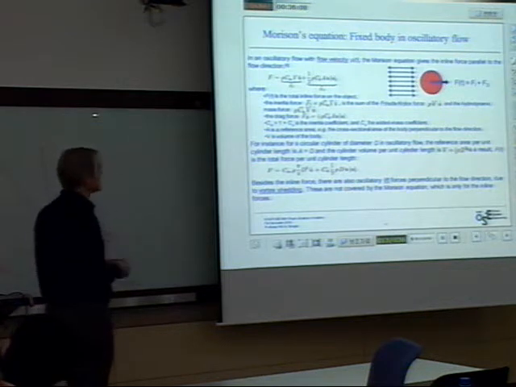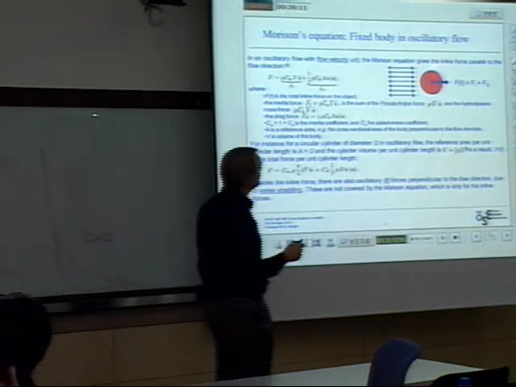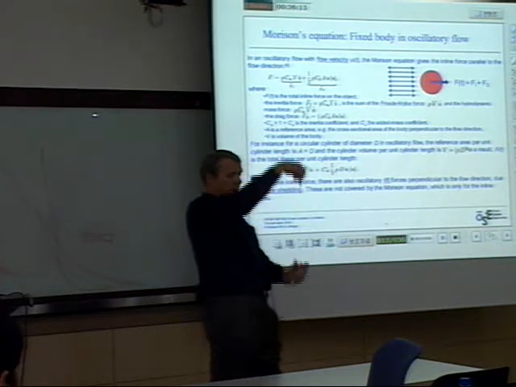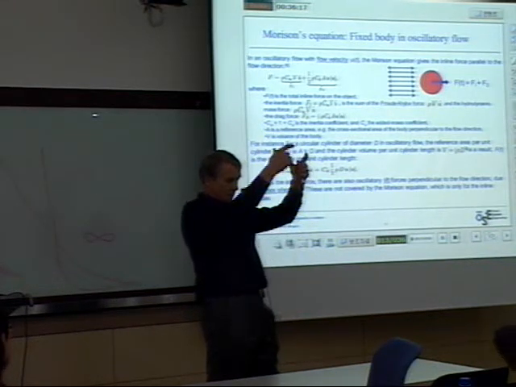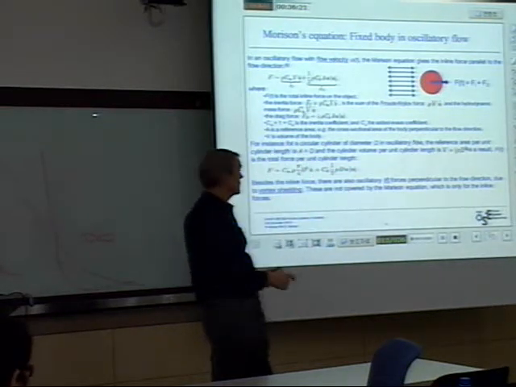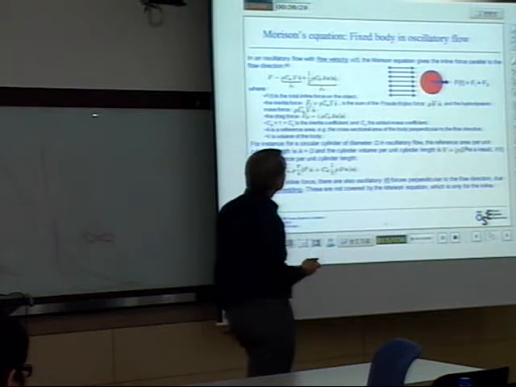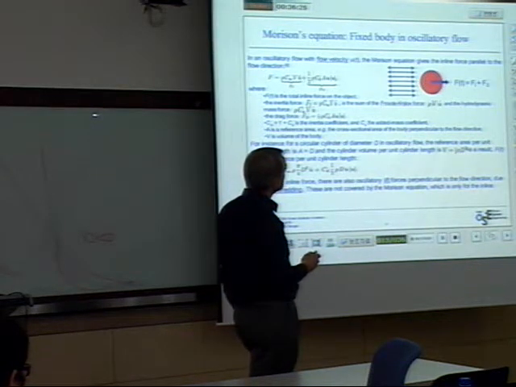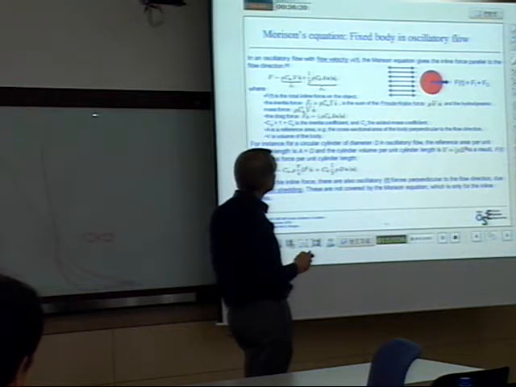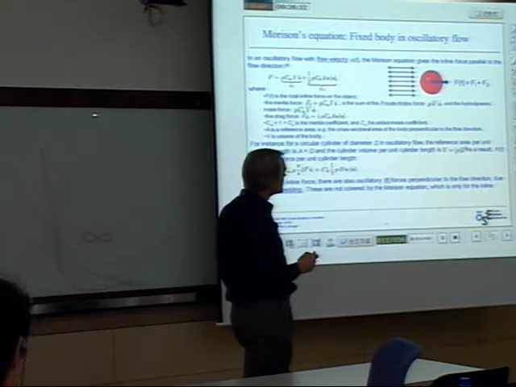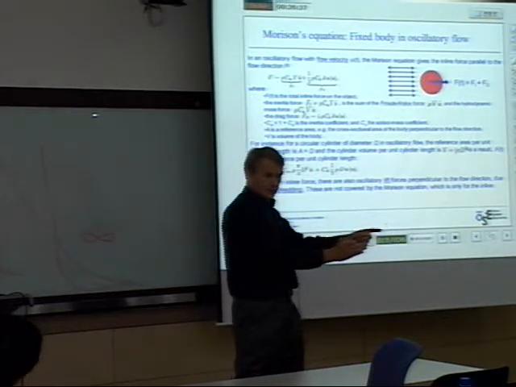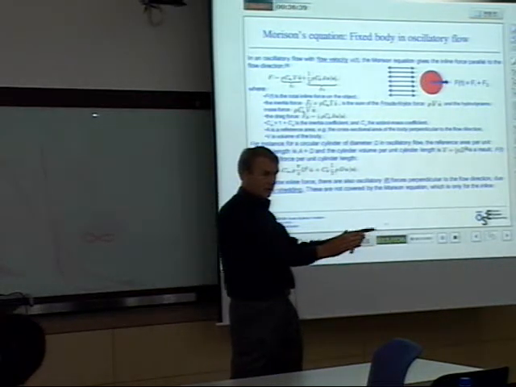As you see on this figure, if you have, let's say, a pipeline or a vertical spar type structure, and you have a wave condition, in the original version of Morrison's equation one was looking at a fixed body and a flow that goes back and forth in relation to it.